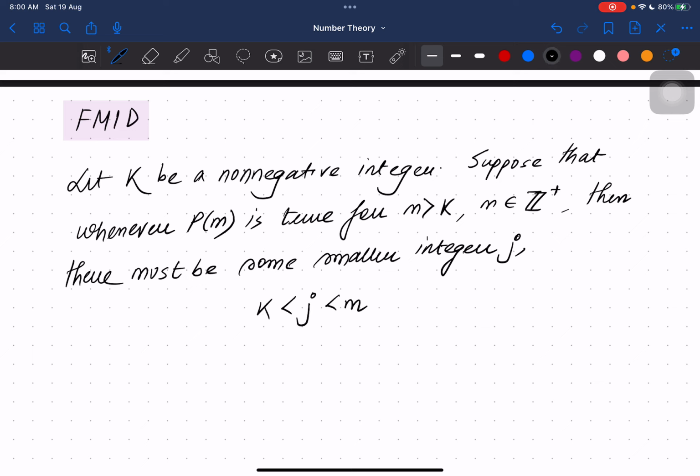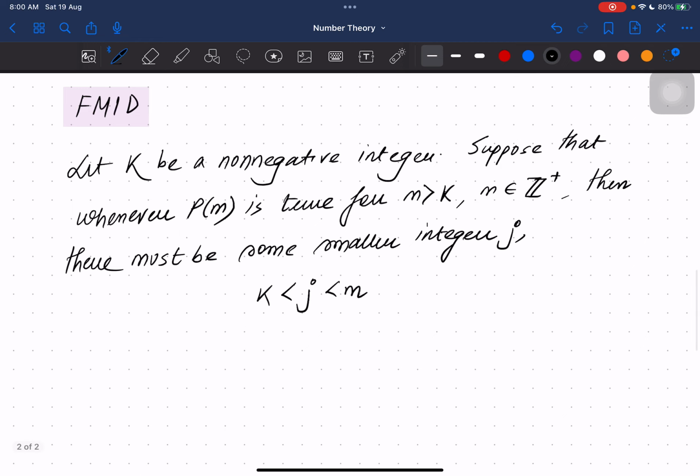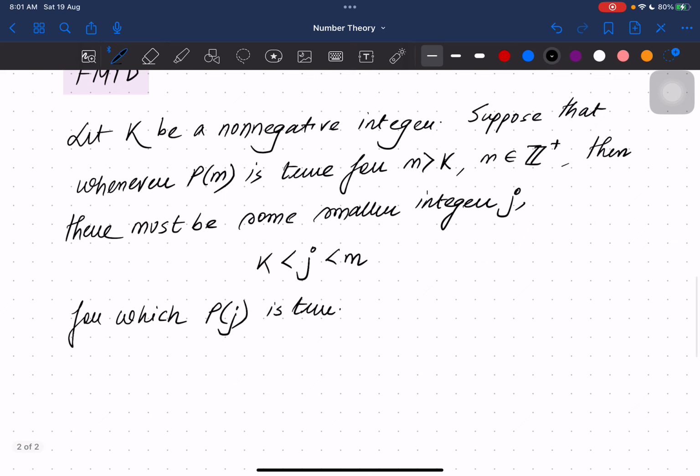Note that here j is strictly greater than k, because in the previous one j was greater than or equal to k, for which Pj is true. Then we can say that Pn is false for all n greater than k.